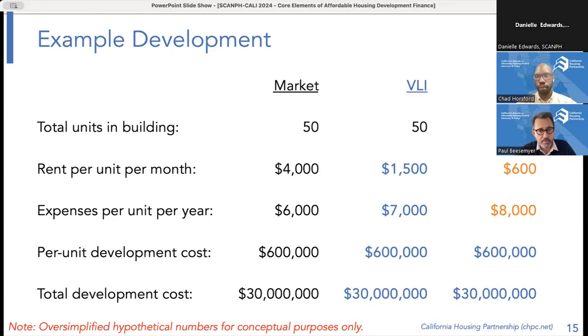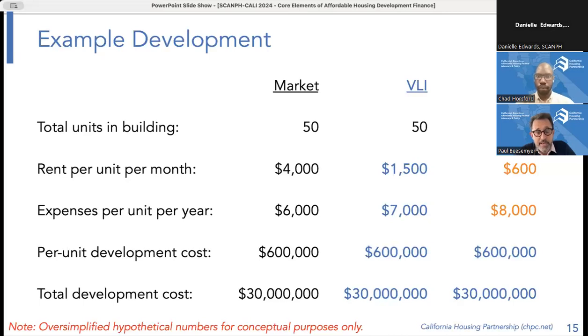So expenses a little bit higher, but look here on the per unit development cost line. Well, development costs are all the same, and I want to put to rest the notion that affordable housing is too expensive. Well, it might be, but it doesn't really cost any more.